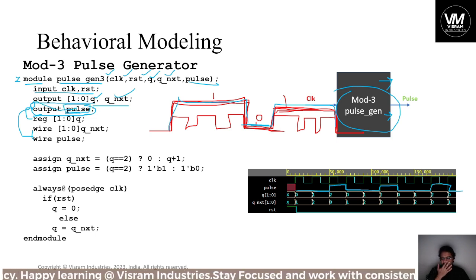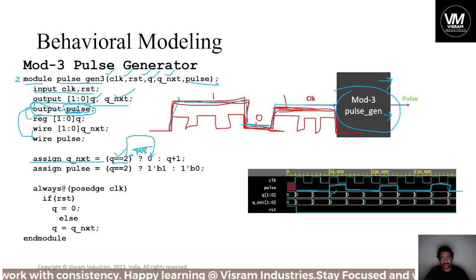Okay, so again assign the value of Q next as, if Q is equal to 2, that means when the value of Q is 2 is true, take the value of Q next as 0. Or else, if Q is equal to 2 is false, that means Q is not 2, Q is 1 or 0, then Q will be incremented.